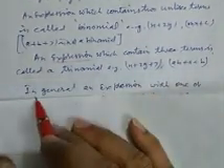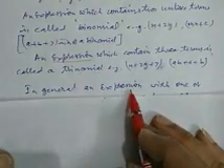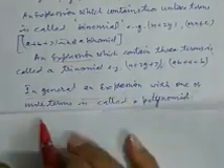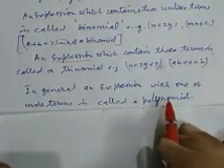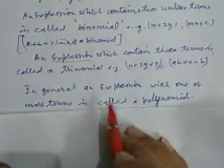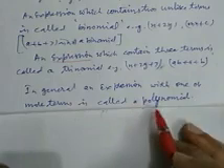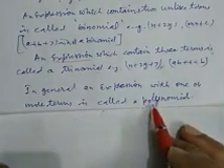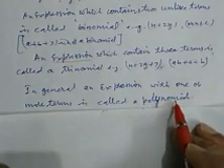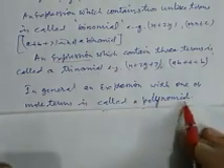In general, an expression with one or more terms is called a polynomial. One term is a monomial, two terms a binomial, three terms a trinomial, but in general we can say polynomial. Poly means many, so an expression containing many terms is known as a polynomial.